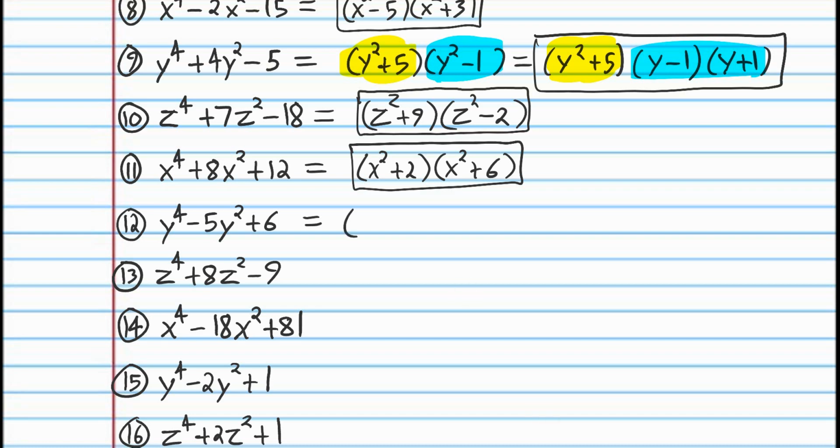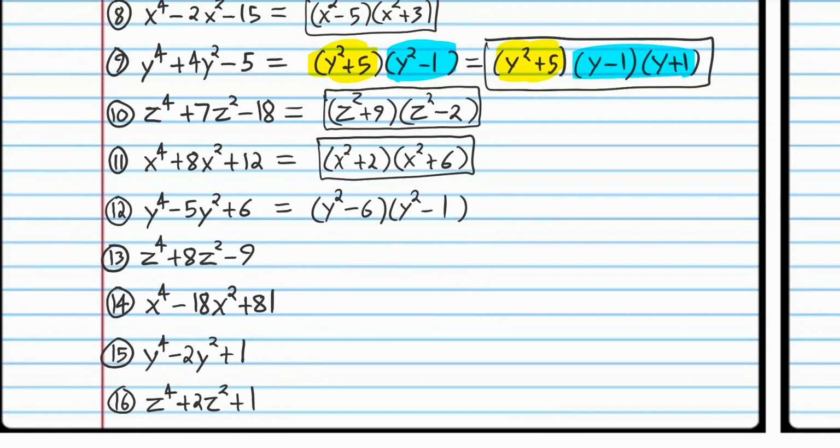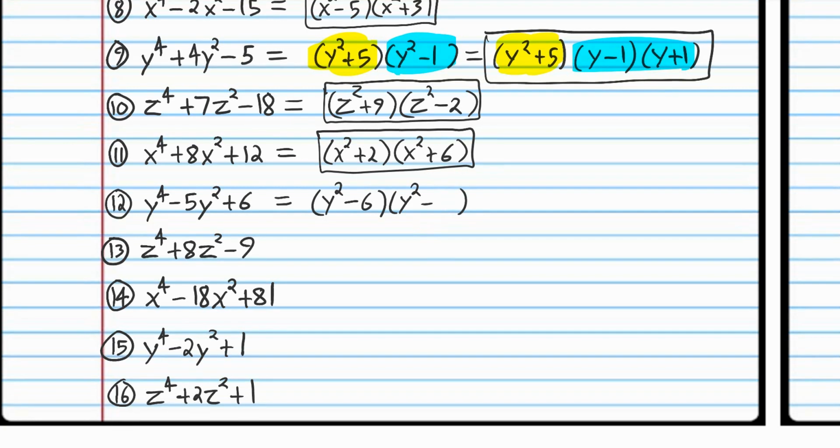All right, we're back. And let's see, I think it's going to be negative 6 and negative 1. Actually, no, it's not. Let's see here. Yeah, that's not correct. Sorry about that.